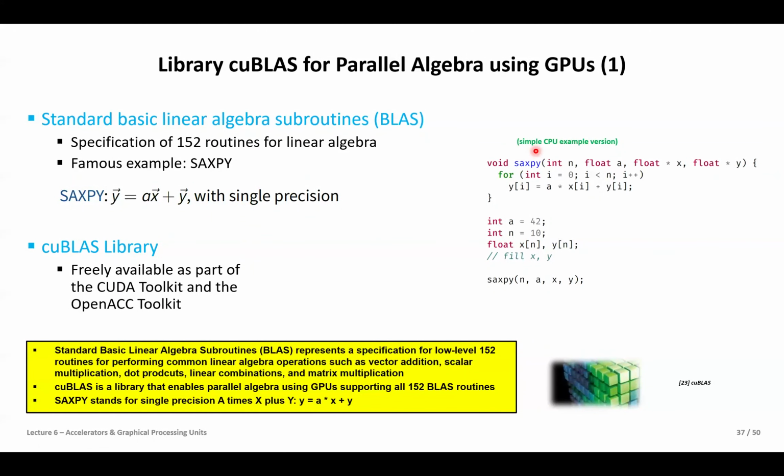And the typical way of implementing this on a CPU would be you have an operation for it. You get some parameters with it, what is A, X, and so on, and Y, and so on. And then you would basically go through this array, or the vector shown there, and do this iteratively. And of course, the cuBLAS library should enable us to not really need a loop, but rather to solve the loop completely on the GPU, as we have already talked about similarly with OpenMP, right?